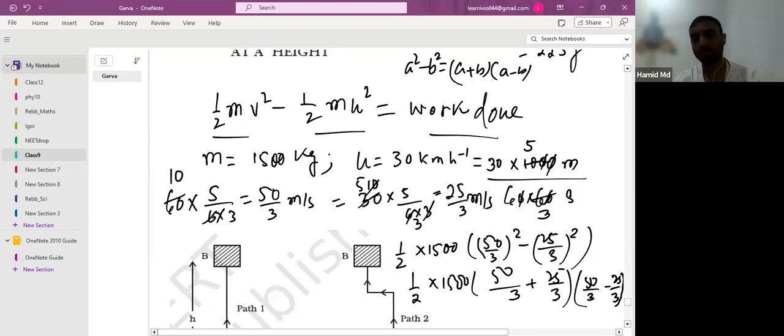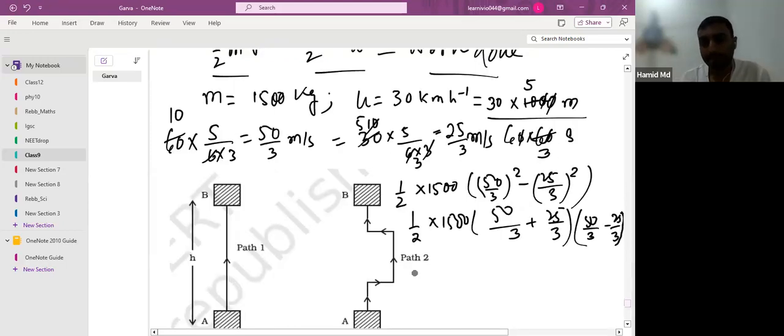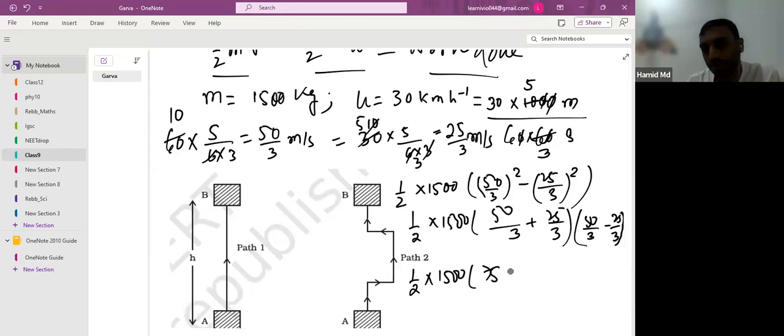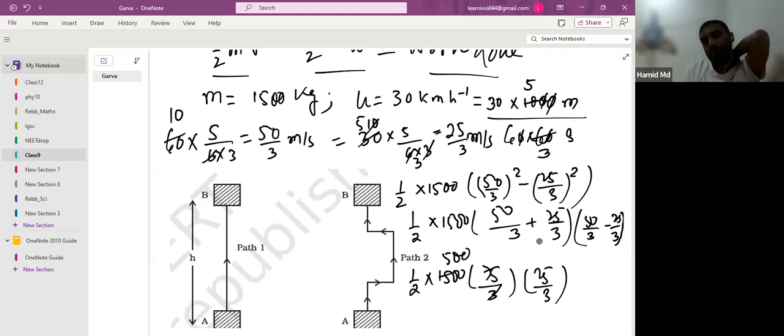This is nothing but half into 1500, and this will be 75 over 3, and this will be 25 over 3. So now it's your time to solve the question. This will be 500, and solve that and you will get the answer. Got the process, Riaz and Rumeza? Now you have to do this calculation only. Clear?